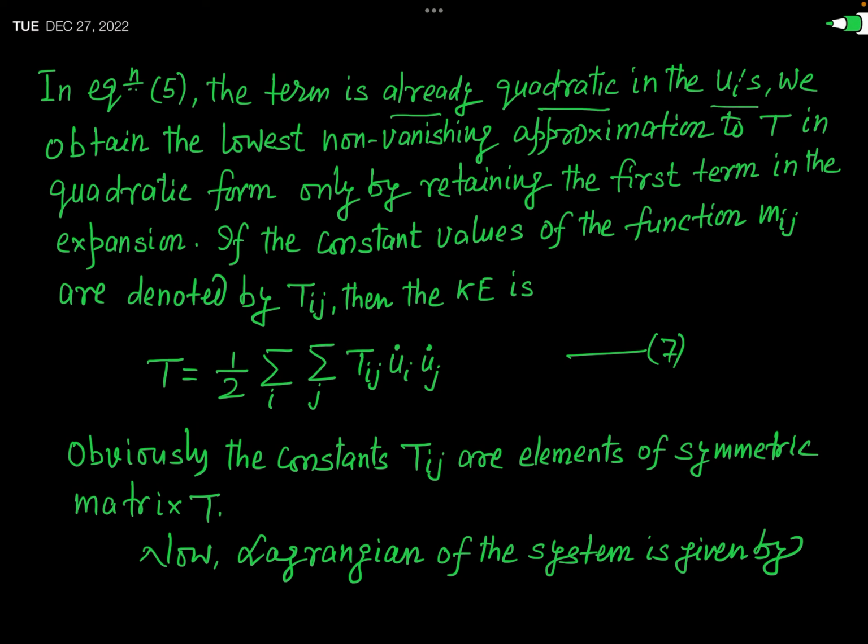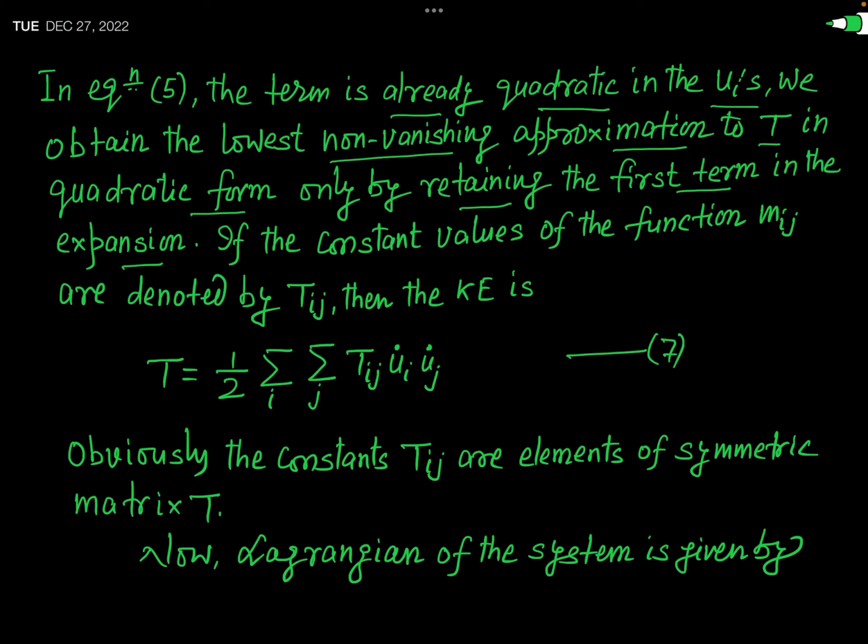We obtain the lowest non-vanishing approximation to kinetic energy T in quadratic form only by retaining the first term in the expansion. When you take the second term, it will not remain quadratic.